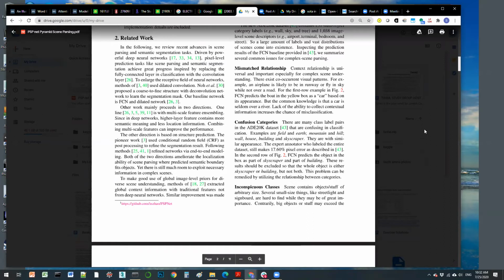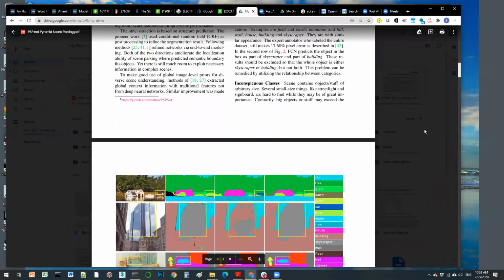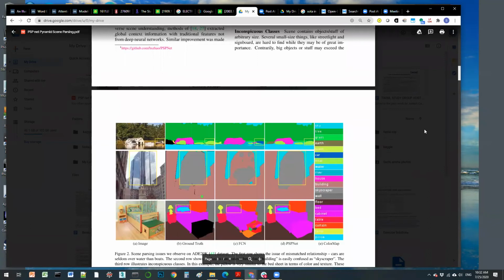UNet has the U shape, and in this paper and DeepLab, it's flipped on its head, so it's like a V shape. So encoding you go up and decoding you come down, and in UNet encoding you go down and decoding you go up, so you have to flip it on its head. But the short answer is no, they don't compare it.